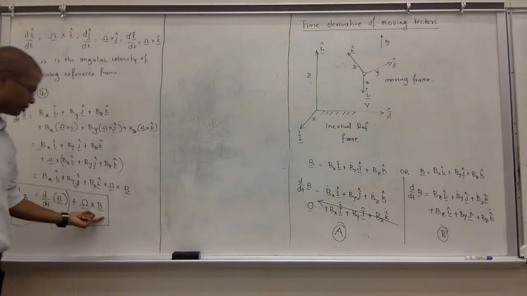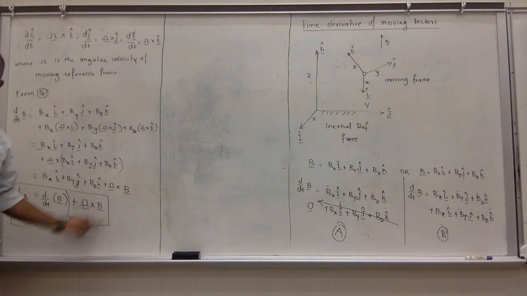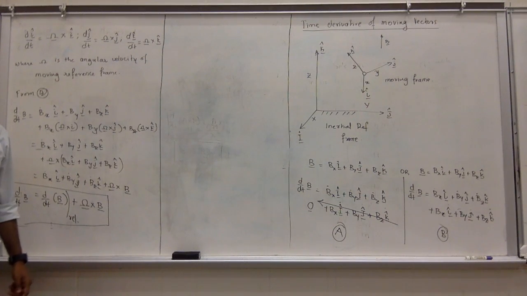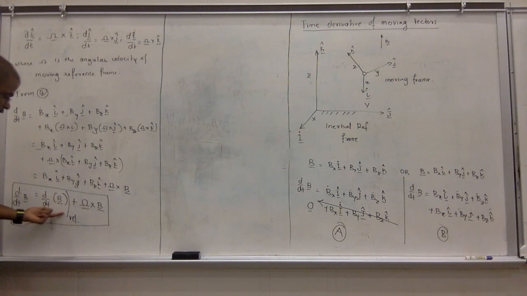And this accounts for the airplane itself rotating. Got it? This accounts for your motion within a moving frame. You can think about a car as well. And this accounts for the motion of the vehicle itself or the motion of the airplane.